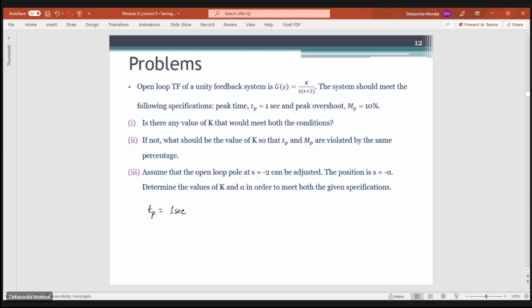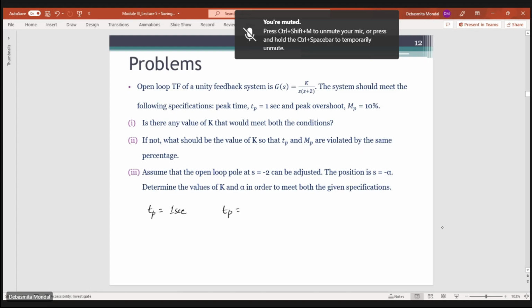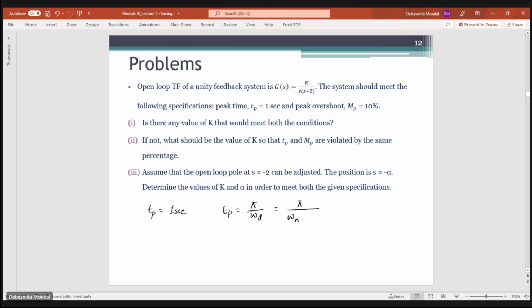So from that expression you have to find the value. If you remember, the expression for Tp was Tp equals pi by omega d. So you can write this as pi by omega n square root of 1 minus zeta square.